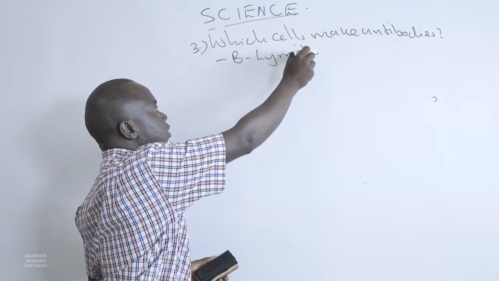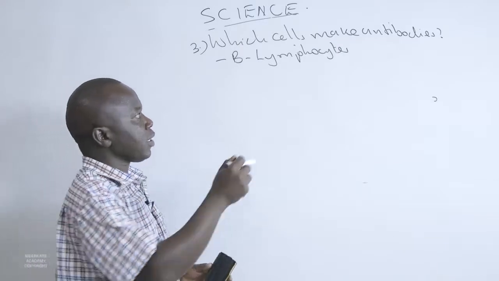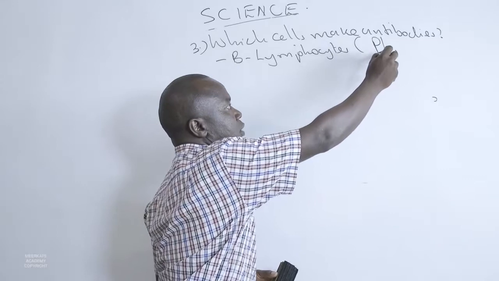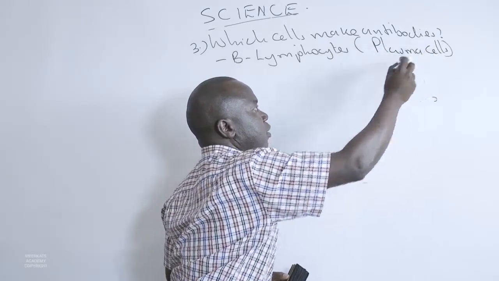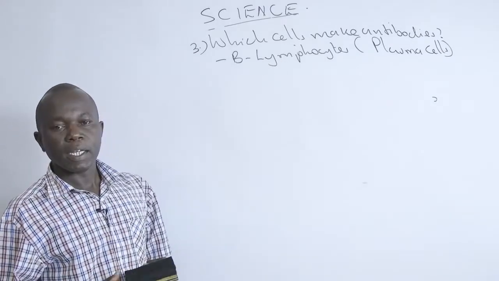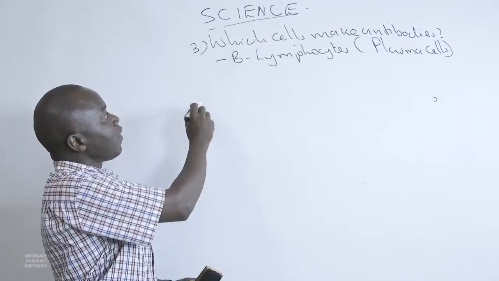We have said lymphocytes, but specifically B lymphocytes. But these ones are found as part of plasma cells. So you can say plasma cells and specifically B lymphocytes.